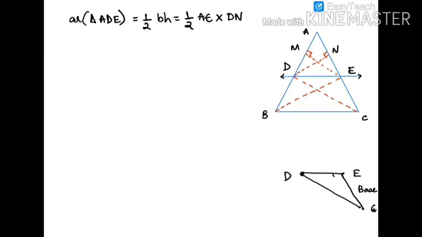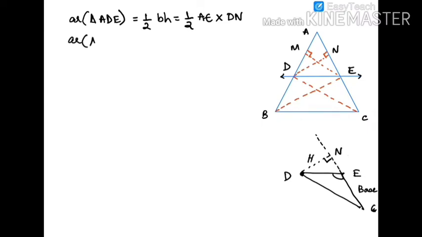Notice that angle DEC is obtuse angle. So the perpendicular from D to the base EC will lie outside the triangle, and we obtain it by extending side CE and then dropping the perpendicular from D.